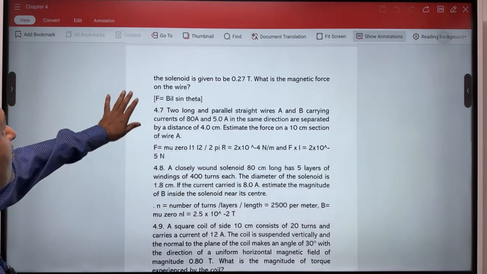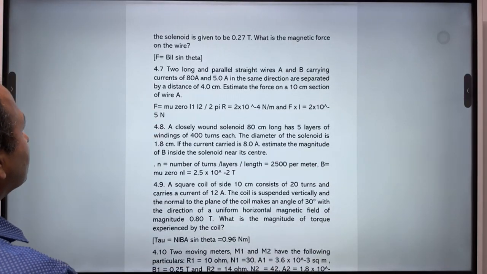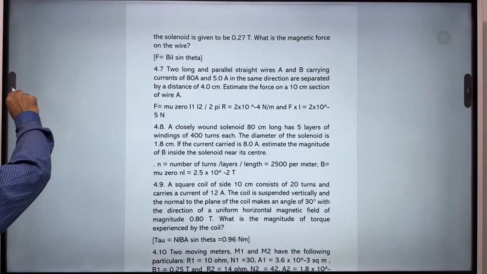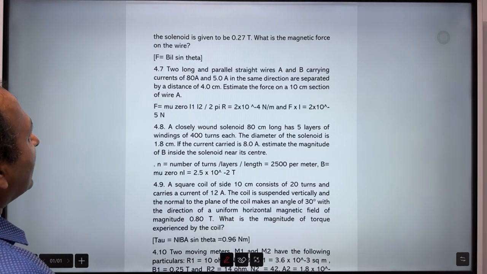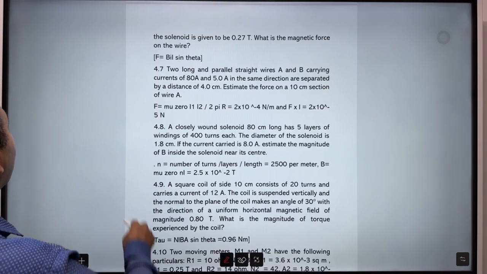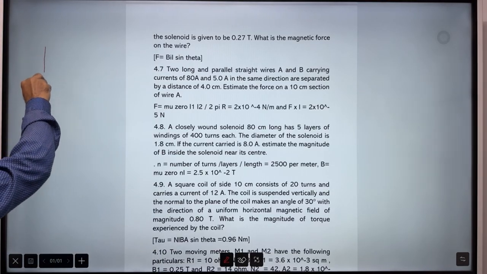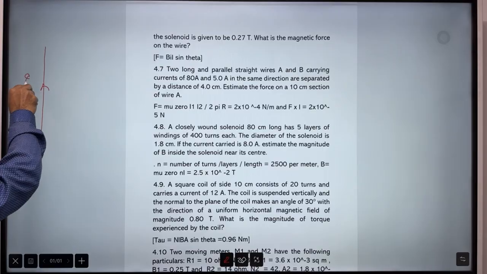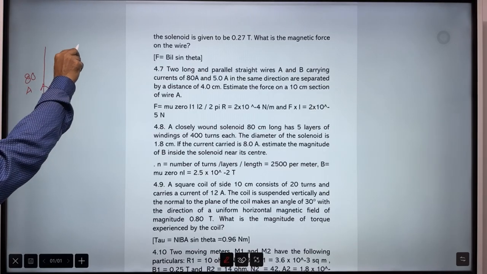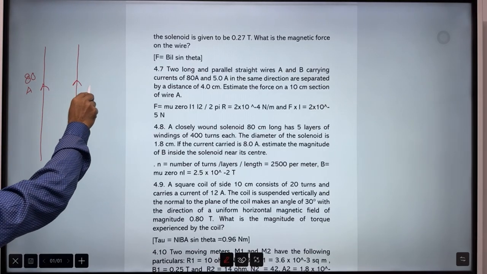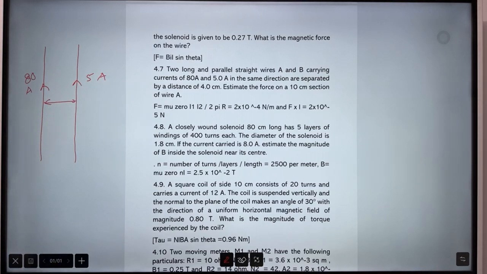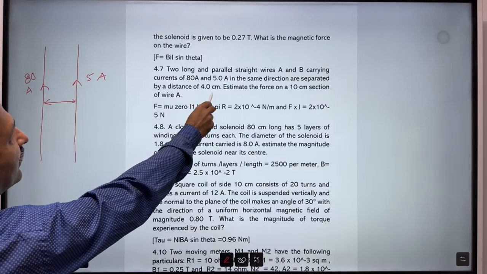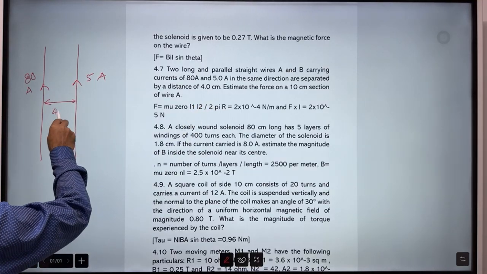Now let's go to the next question. The next question says two long and parallel straight wires A and B carry currents of 80 ampere and 5 ampere. So there are two wires. One wire is this, and it has current 80 ampere. There is another wire which carries current of 5 ampere, and the separation between them is given as 4 centimeter, right?